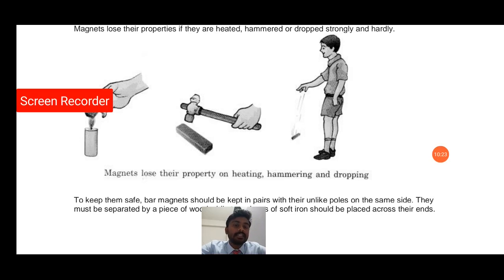Magnets lose their properties on heating, hammering, and dropping.